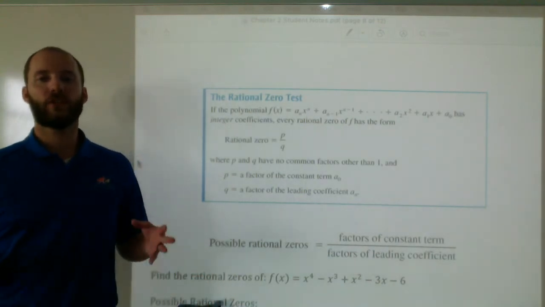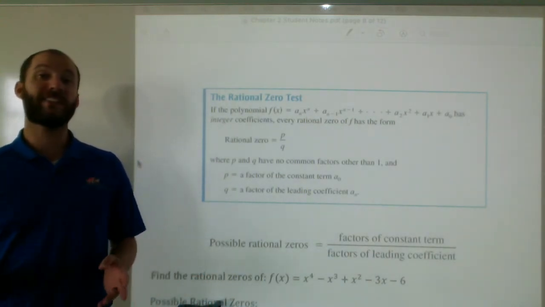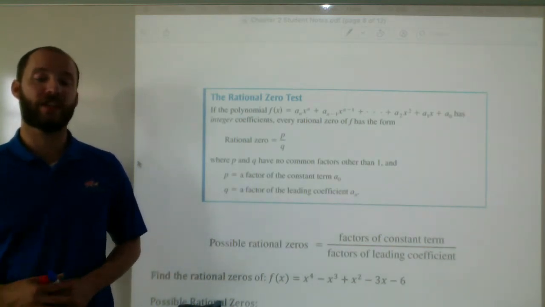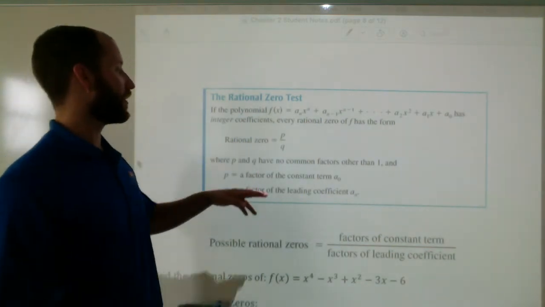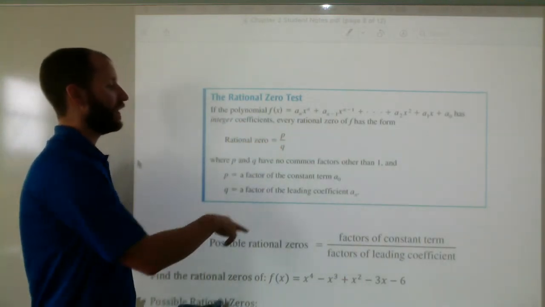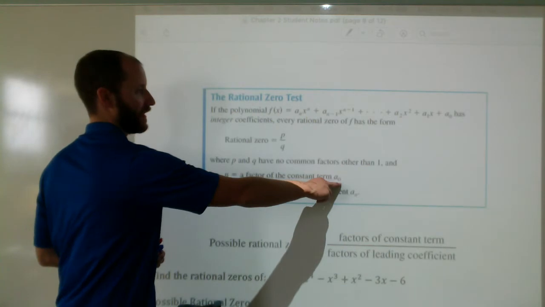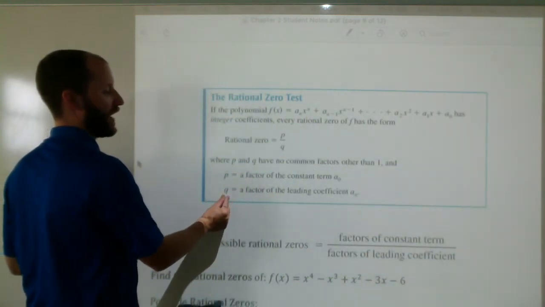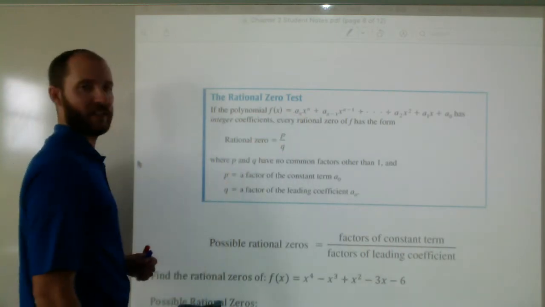Every single rational zero, which means it needs to be a real zero, can't be imaginary, if it exists, is of the form p over q, where p is a factor of your constant at the very end, a sub 0, and q is a factor of your leading coefficient, a sub n.